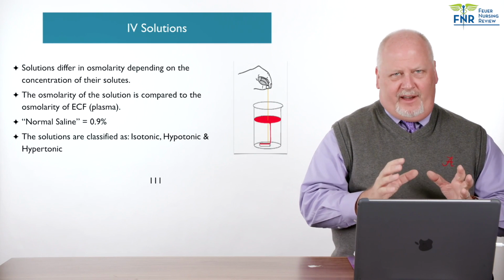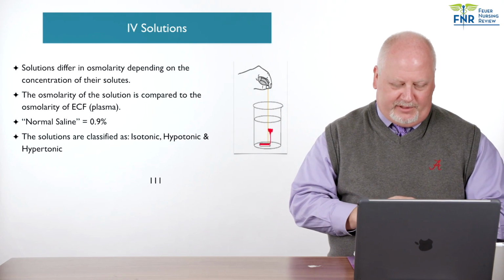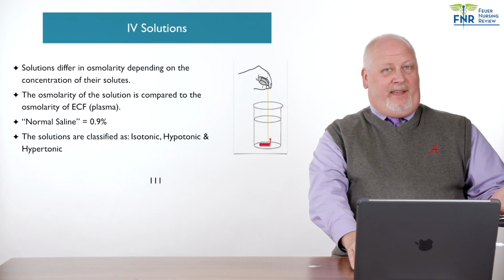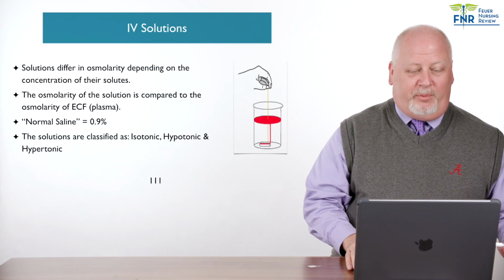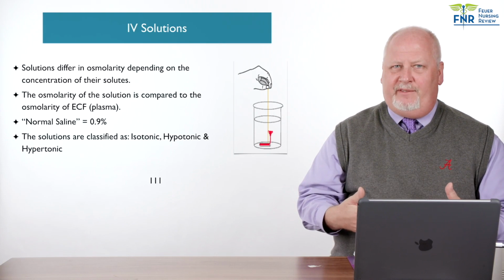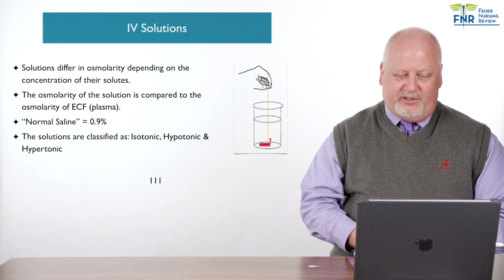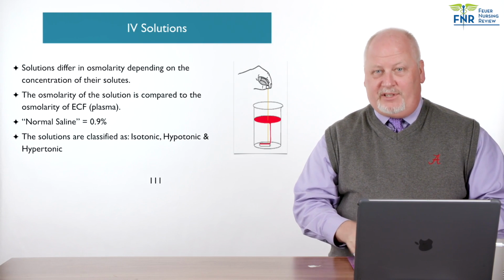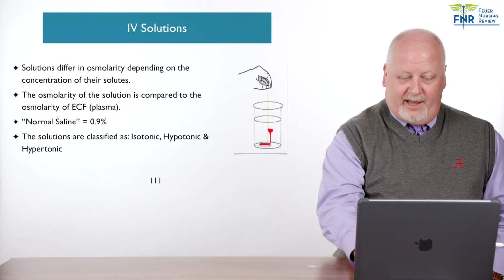And that's how we define normal saline, that 0.9%. So guess what half normal saline would be? And you may have seen this in clinicals as well. It's 0.45%. So our solutions that we give our patients, our IV solutions, are generally classified as either isotonic, hypotonic, or hypertonic.